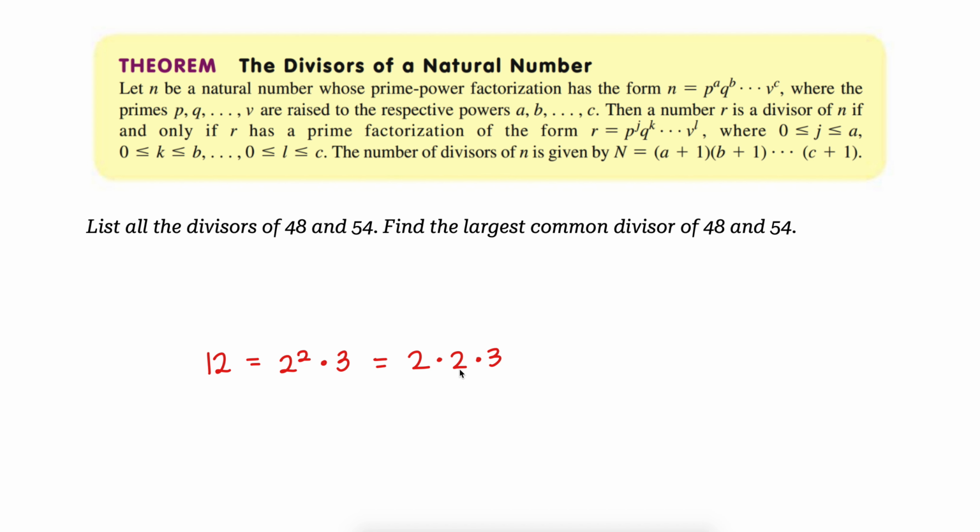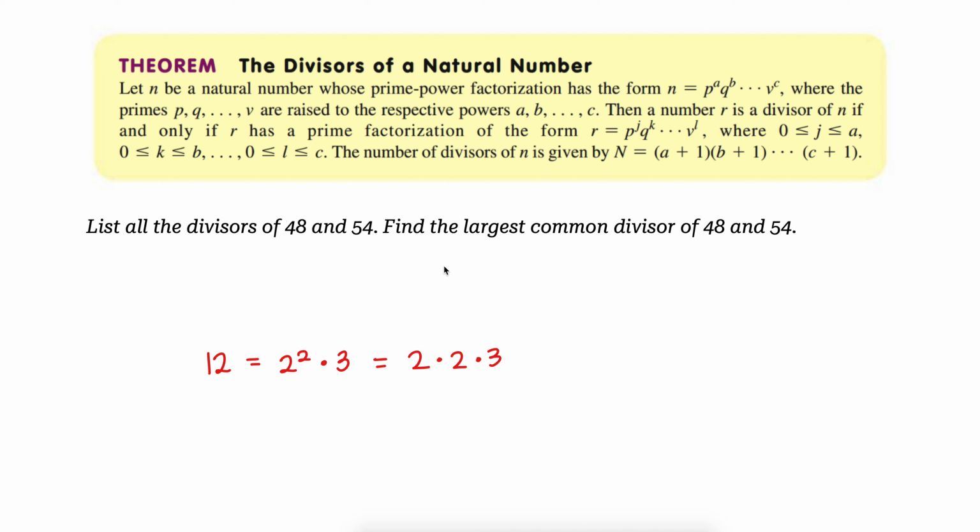If I look at 2 times 3, 6, that's also a divisor of 12. 2 times 5, for instance, since 5 is not one of those prime factors of 12, 10 is not going to be a divisor of 12. So all of the divisors, all of the numbers that divide into 12 are formed based on these prime factors. So that's part of what this theorem says.